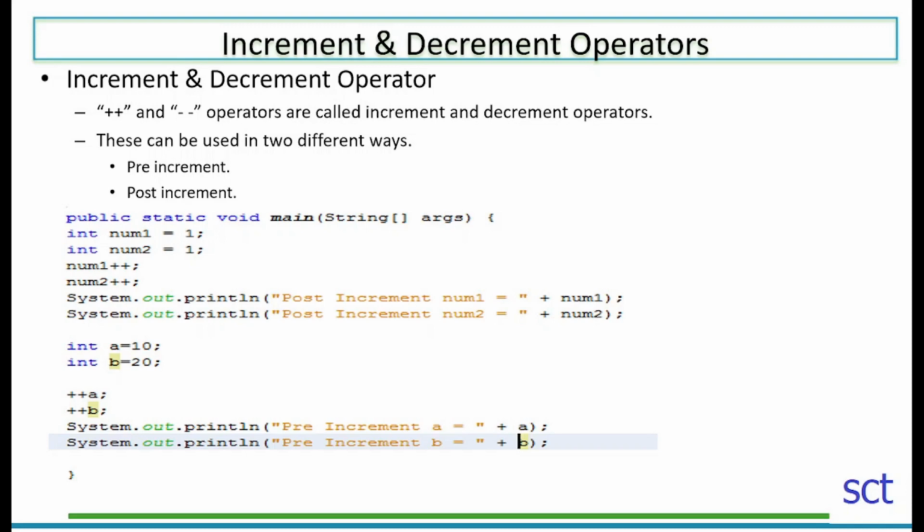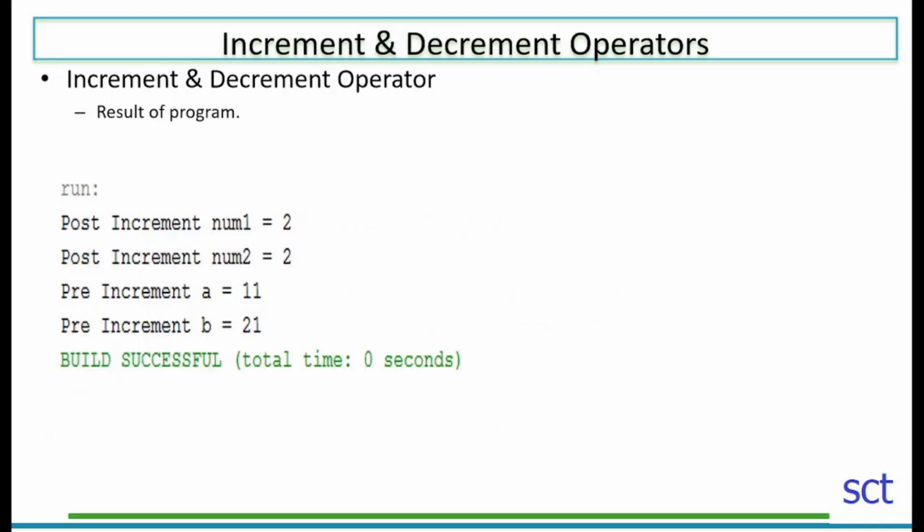It is going to add and assign. In this case we will not see any difference, because both are just adding. I am just displaying num1 and num2 here. It is going to display the values as 2 and 2.